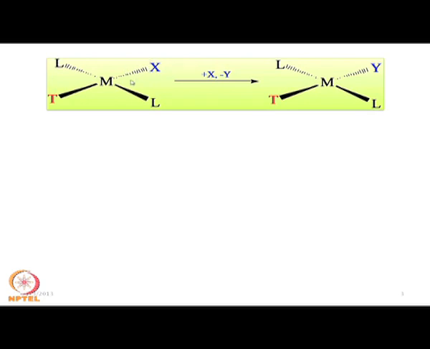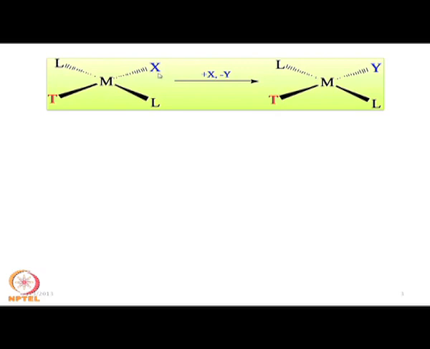If the system is stable without X and no solvent or water molecule is coming and binding to the fourth position, there may be some reorganization of the coordinating environment and the bond angles go from 90 degree to 120 degree, that means we can have a trigonal environment after removal of X.